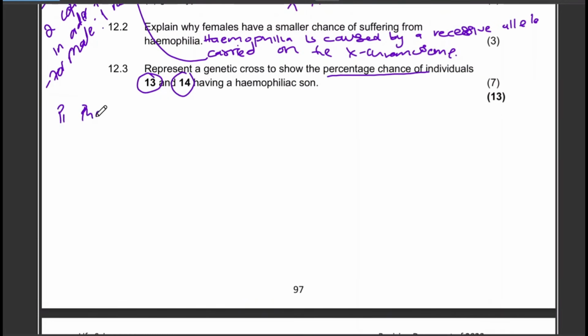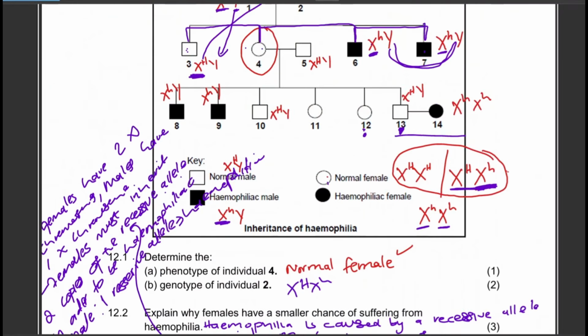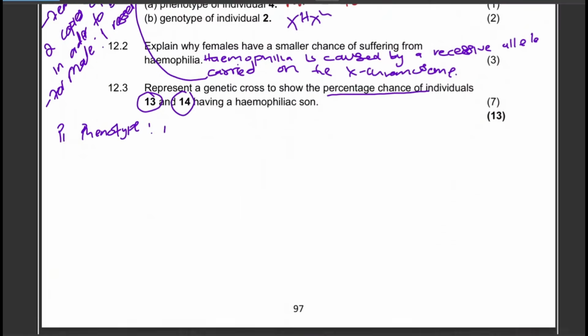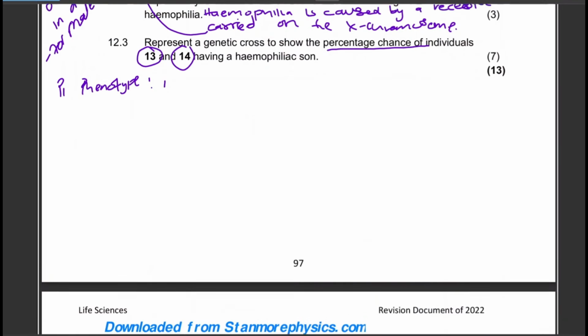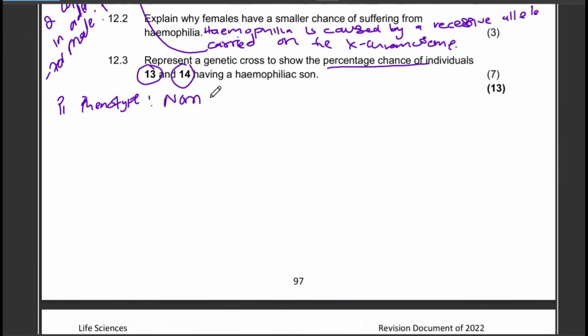P1 phenotype. 13 and 14, let's see. I think it's a normal male, hemophiliac female.